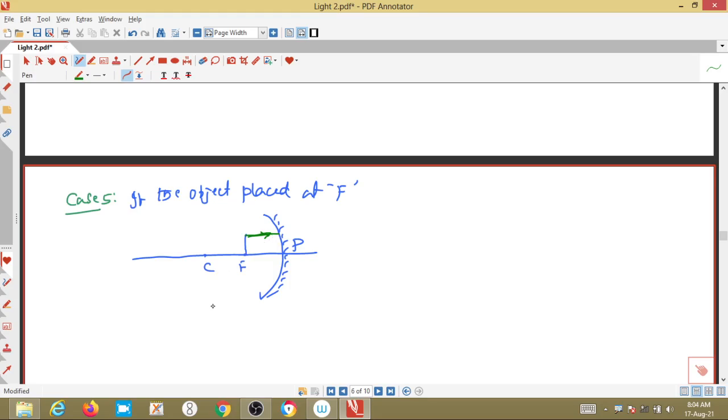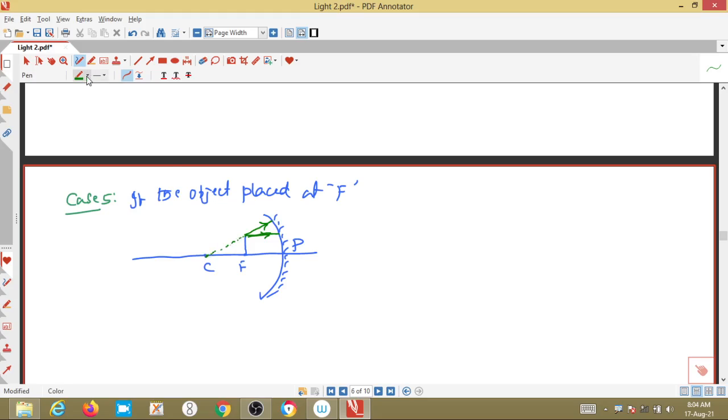And one more ray from this point, I will take a ray passing through the center of curvature. Imagine it is coming from this object and incident here, but if you extend it, it appears to be passing through this particular point C, the center of curvature.